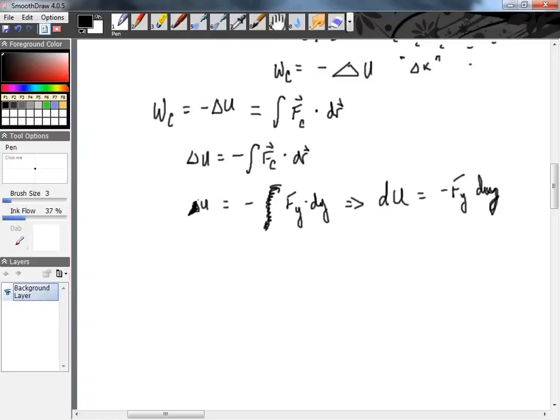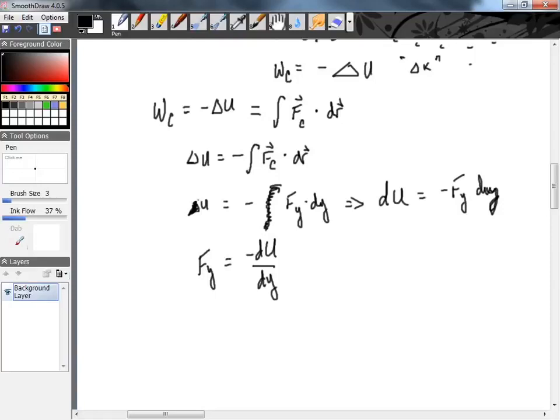We can then rewrite this by moving the dy over here, and we get our force in the y direction is going to equal negative dU/dy. So think about this for a sec: the force on an object is the position-dependent change of our potential energy. You follow me there?